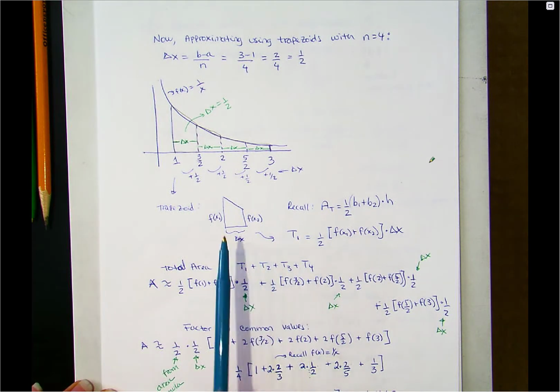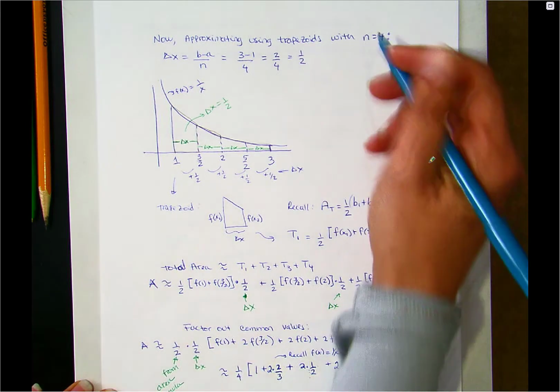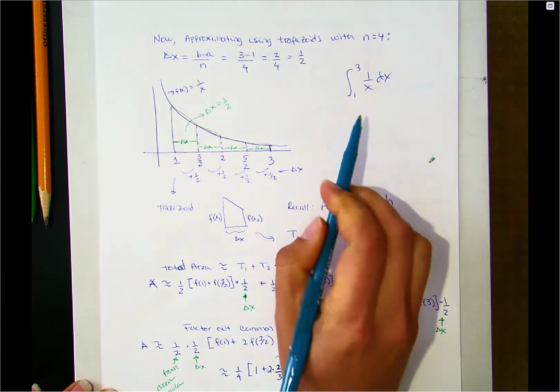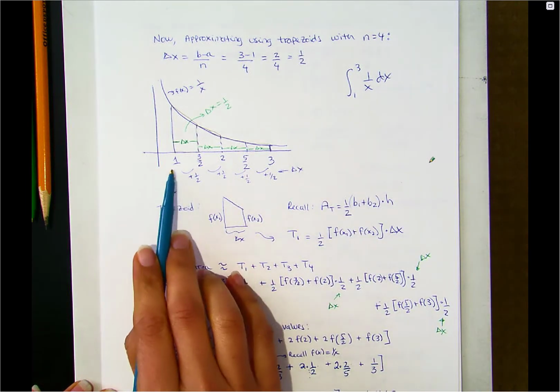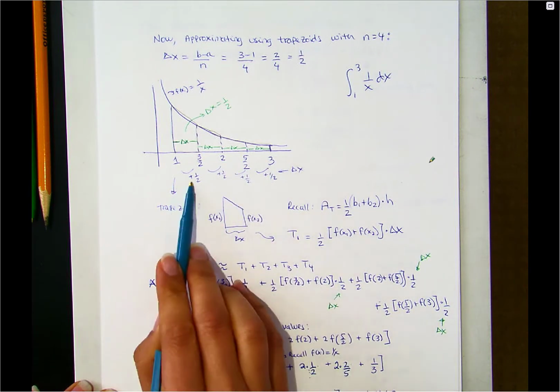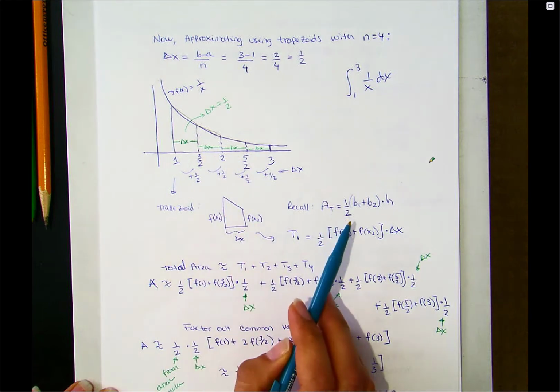Remember our integral is from 1 to 3 of 1 over x dx, so we start at 1, and then you add delta x to get to the next value. That's what this plus 1/2 means. We're adding delta x every time.